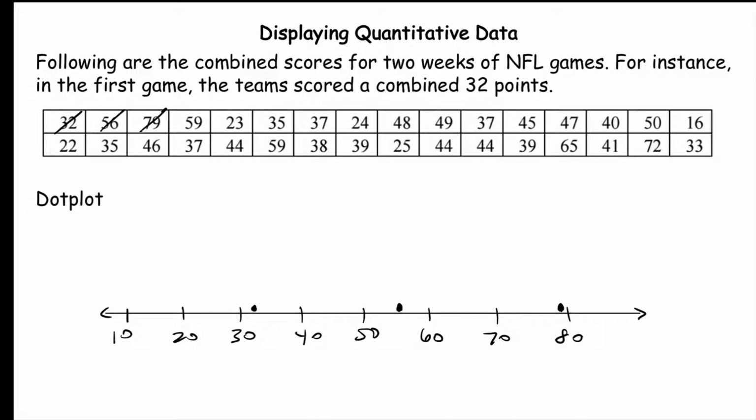Try to make the dots as equal in size as possible. You don't want one dot to be bigger than the other. 59, 23, 35, 37, 24, 48, 49.